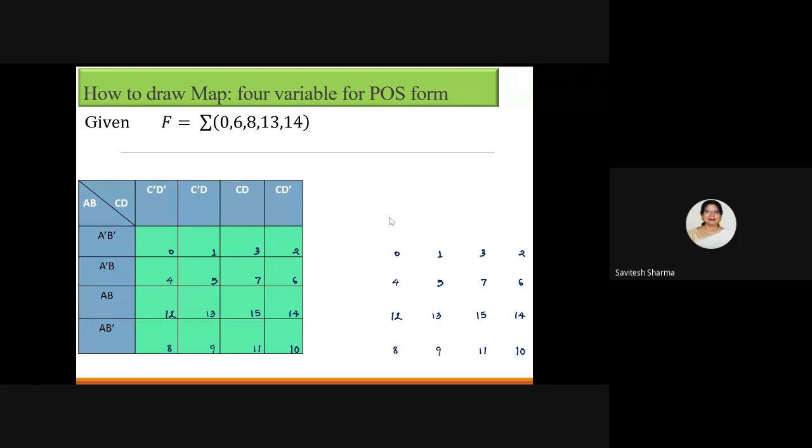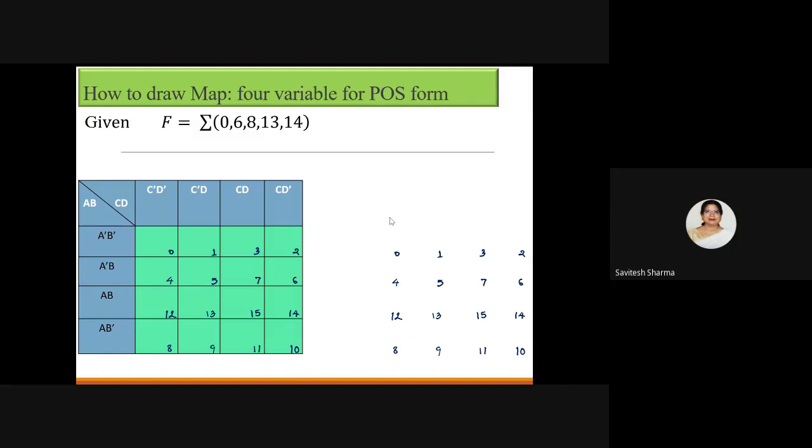Here I am writing horizontally and vertically the terms A complement, B complement, C complement, D complement. So this will give you the min terms, and I was concentrating on the ones only. But for the POS form, you should concentrate on the max terms and zeros.